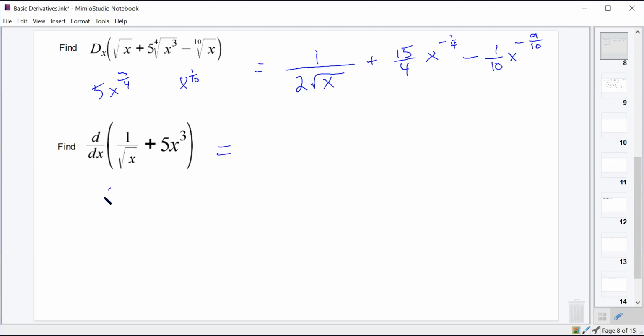And then what about this one? This one was x to the negative 1/2, right? So when you take the derivative of that, that should be negative 1/2 x to the negative 3/2. And this next one should be plus 15x squared. Everybody good with that or no? Yeah. All right, cool.